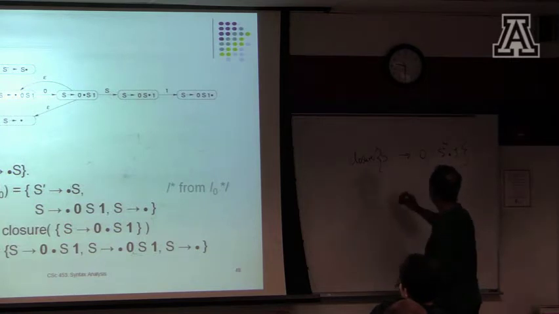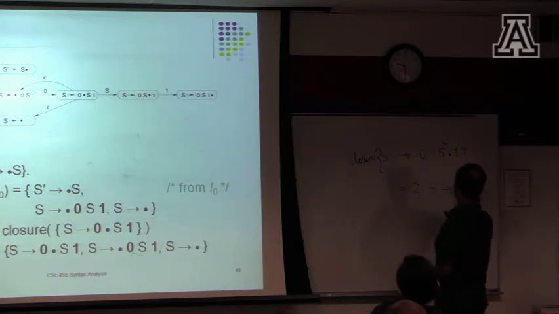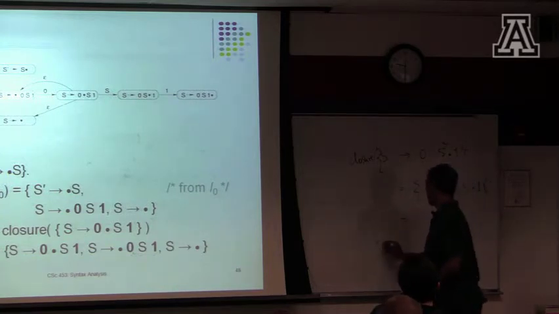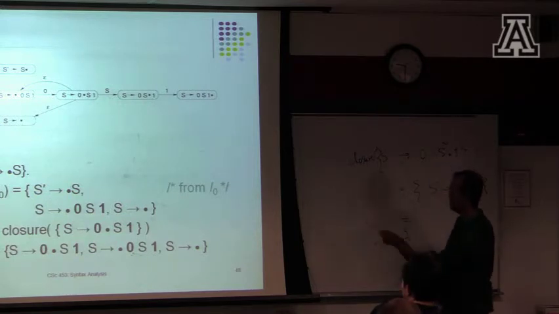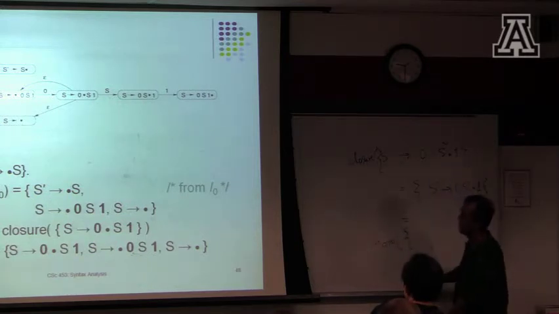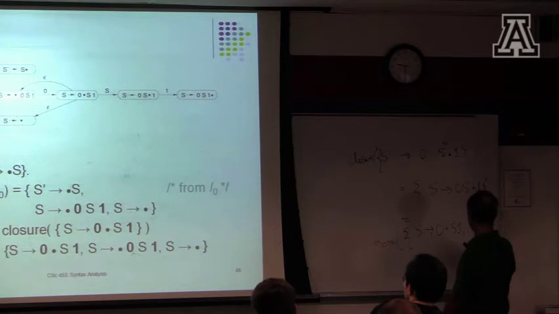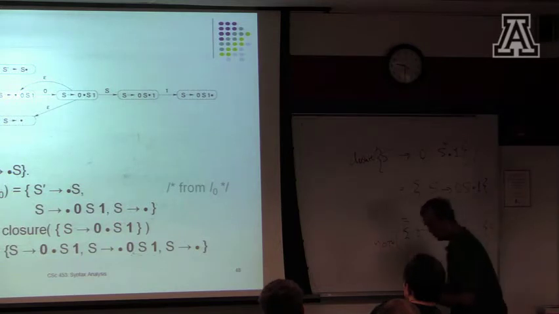So this is equal to this same set, 0 S dot 1. And that was equal to goto of this state over here, S goes to 0 dot S1, etc., on the symbol S. Right?